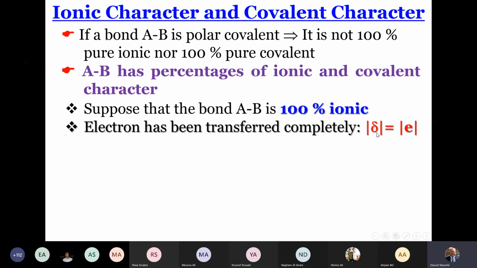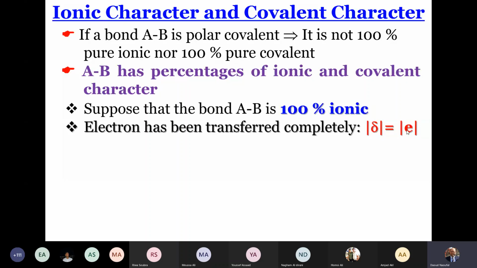So the absolute value of delta is equal to the absolute value of e. I repeat, I suppose the bond AB is 100% ionic, so the electrons are not shared between A and B in this case.